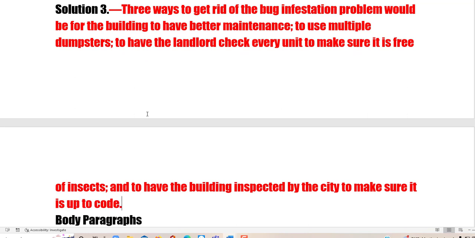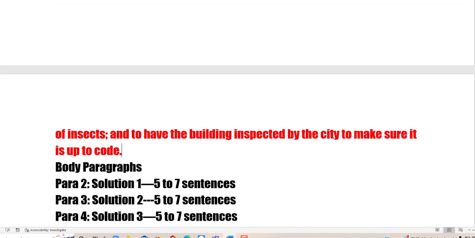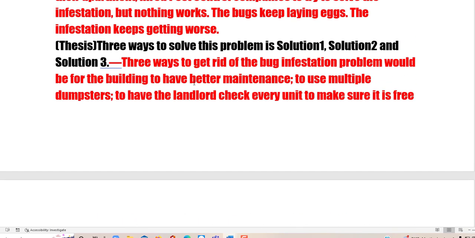So here I've got more than 3 ways, okay? 3 ways to solve the problem. But basically, then you spend the rest of your essay doing the solutions, okay? So here you would have solution 1. So here you have 3 ways to get rid of the bug infestation problem in this apartment building.